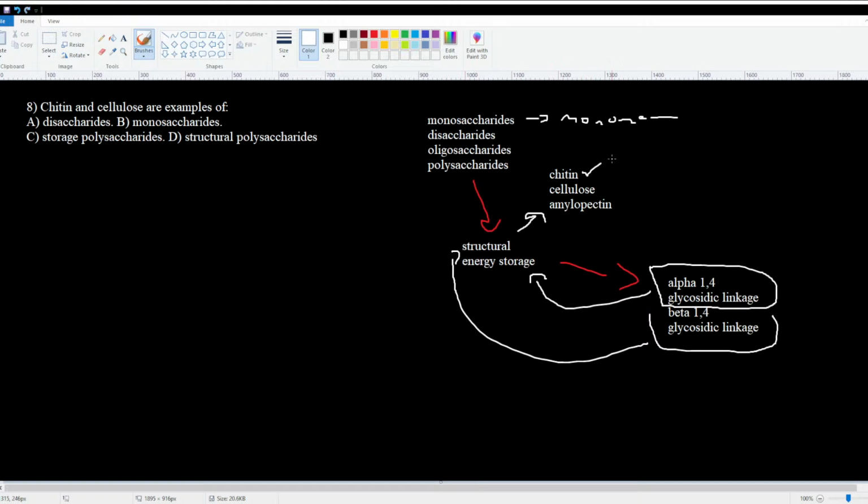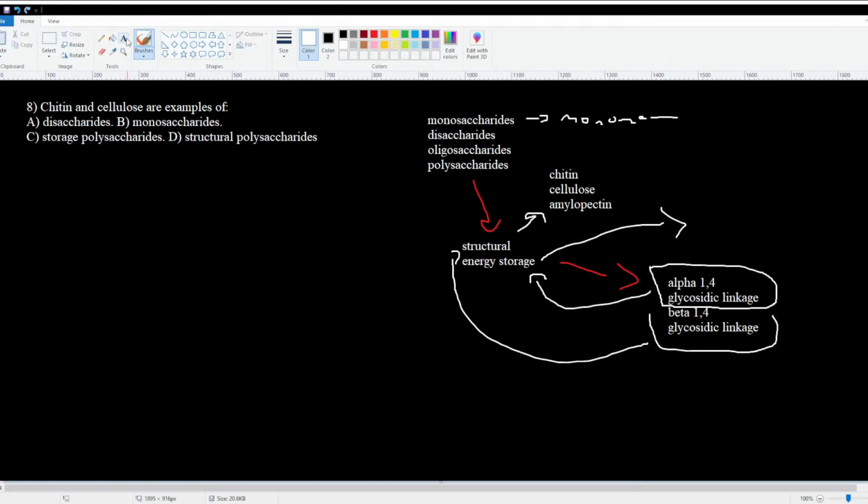Chitin is something like a bug's exoskeleton. Cellulose is like a plant's cell wall, and amylopectin has to do with, I don't know, fungi or something. I don't really quite remember.